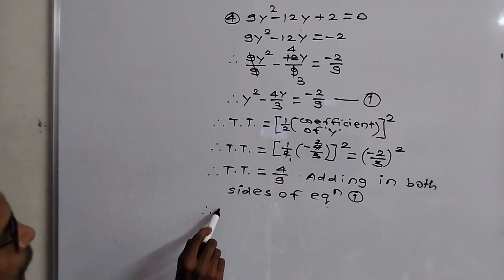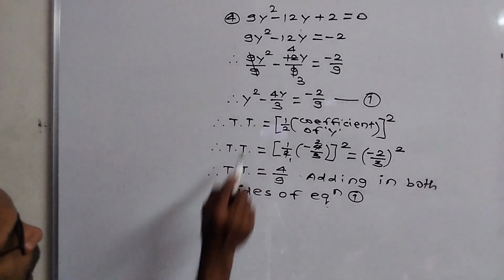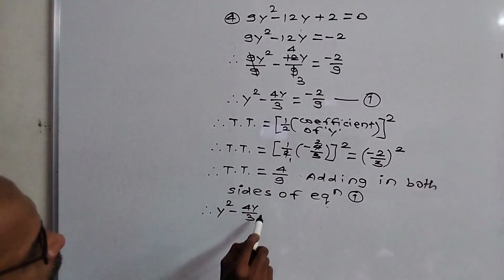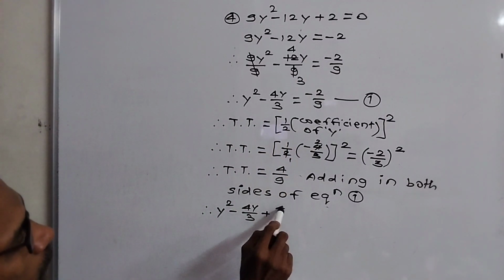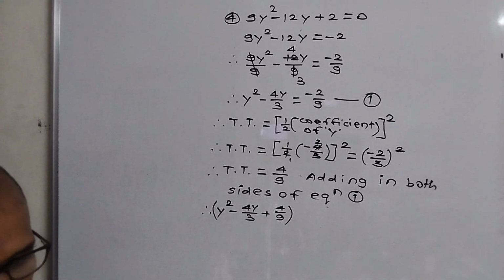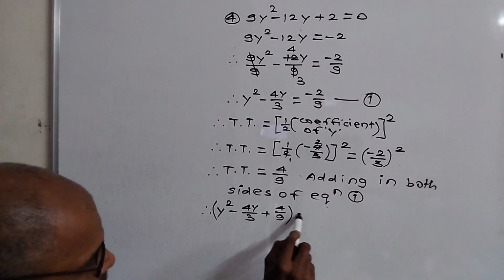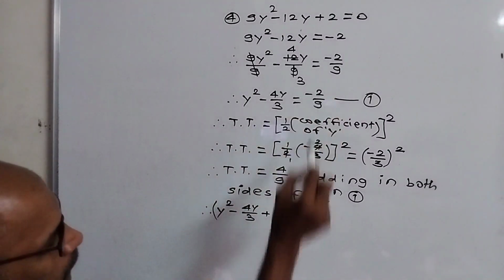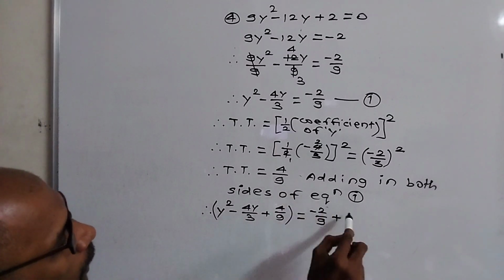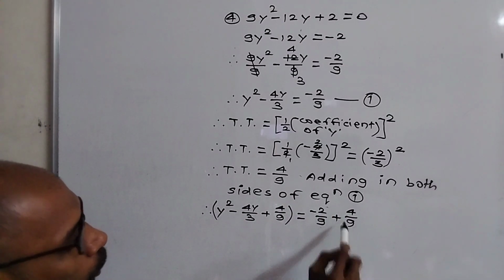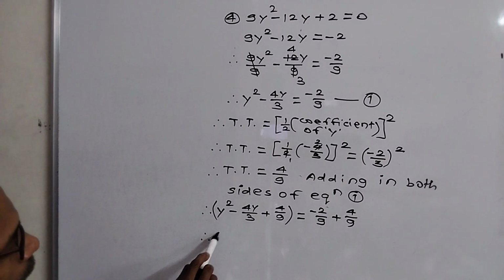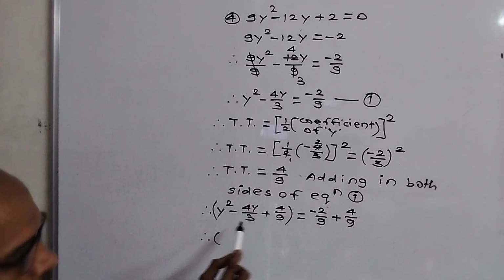Therefore we get y square minus 4y upon 3 plus 4 upon 9, this is a perfect square, is equal to minus 2 upon 9 plus, we add this, 4 upon 9. Did you understand? Now I told you this is a perfect square.